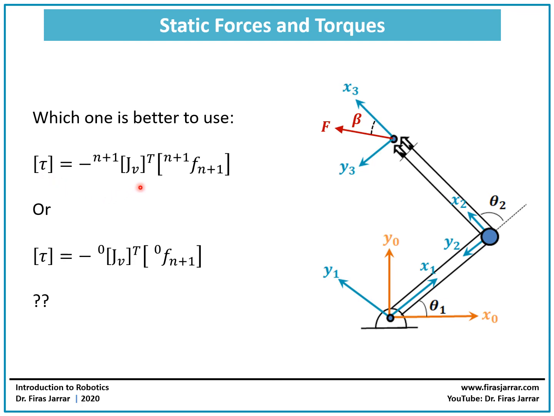Either by pre-multiplying the force vector acting at the end effector and expressed in the end effector frame by the transpose of the Jacobian matrix expressed in the end effector frame, or alternatively, we can find it by pre-multiplying the force vector at the end effector expressed in the base frame by the transpose of the Jacobian matrix expressed in the base frame. So the question now is, which one would be easier to use? Should I use this one or should I use this one?